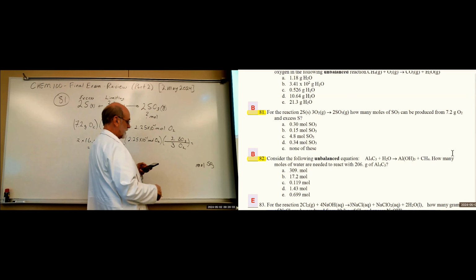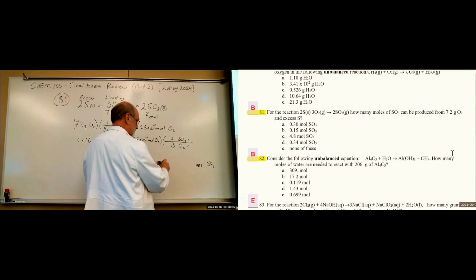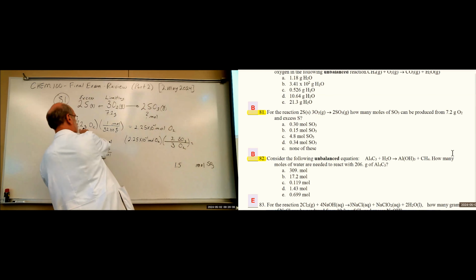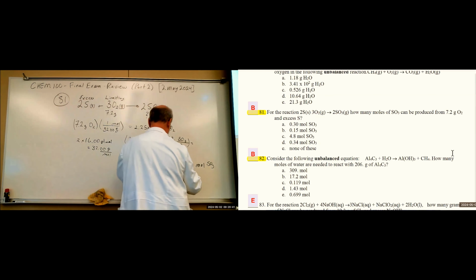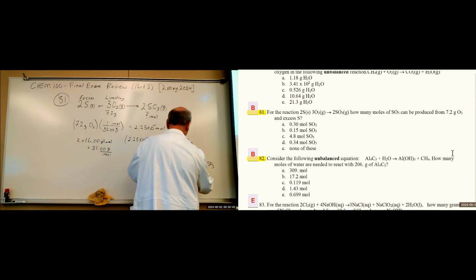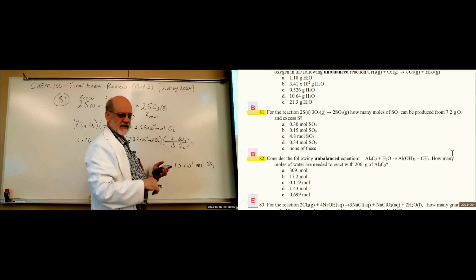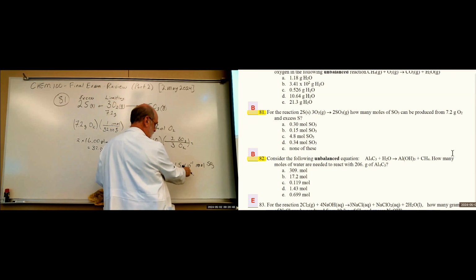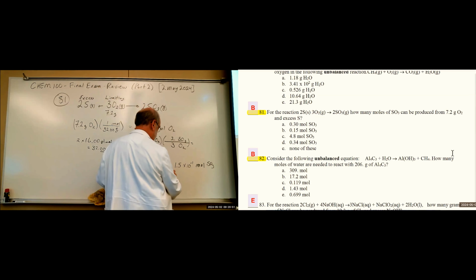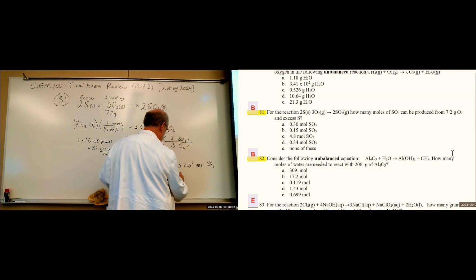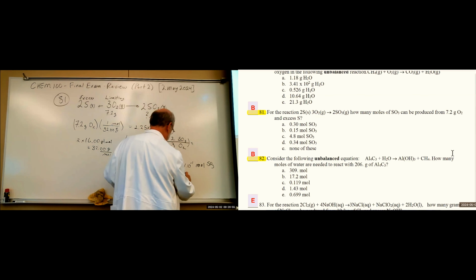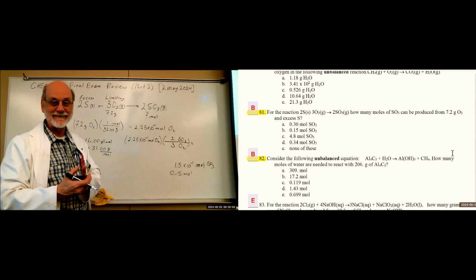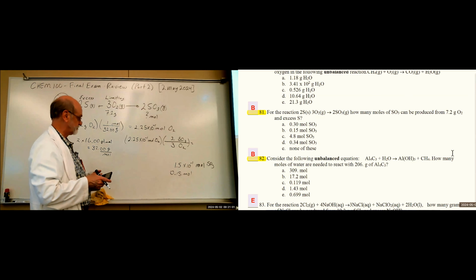And I get, now I can round it, 1.5 to 2 places, times 10 to the minus 1 mole. Or let's see what the answers are. The answers are in standard notation. So 10 to the minus 1 moves this decimal to the left: 0.15 moles. Okay, that's B.